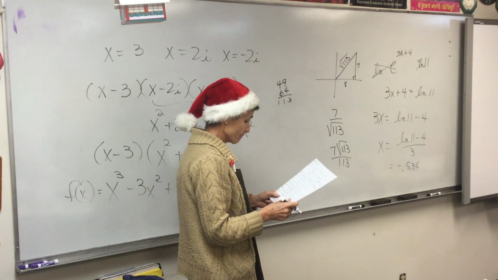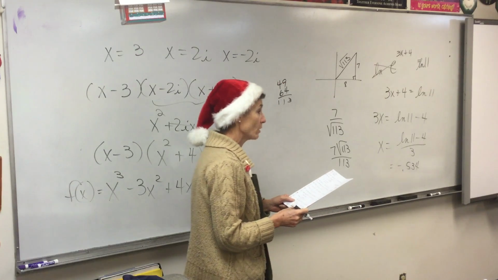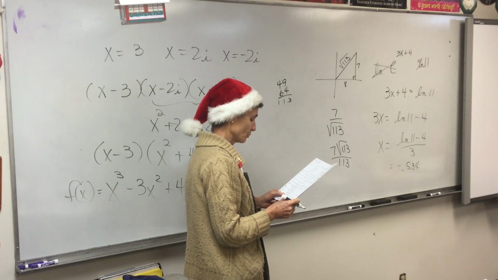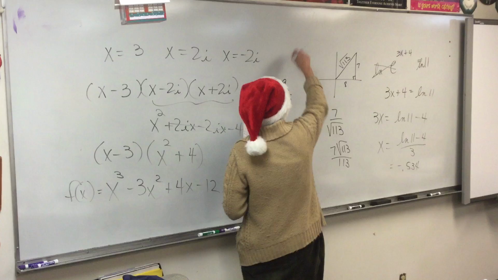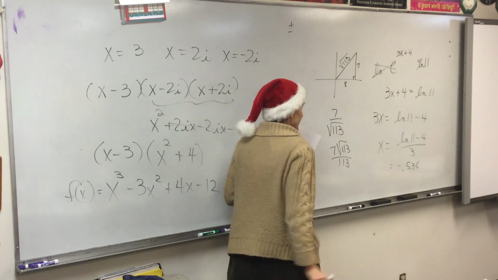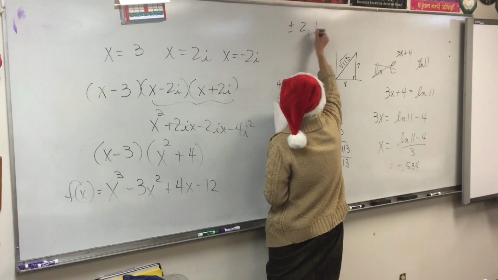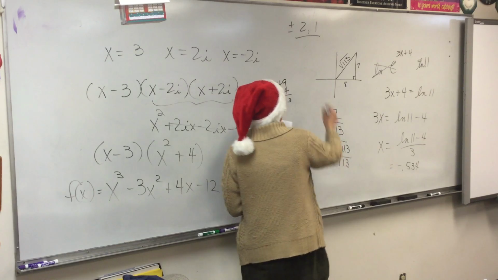All right, next. List the possible rational roots. We call them PRRs. List the possible rational roots of this function. So what would the possible rational roots be? Always plus or minus factors of 2 over factors of 3.